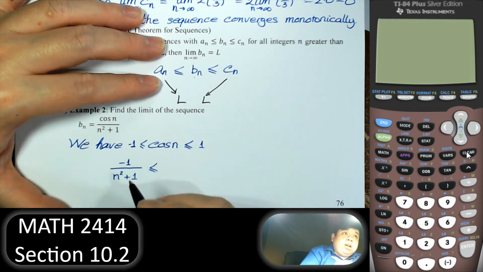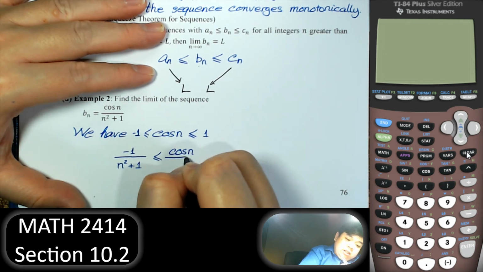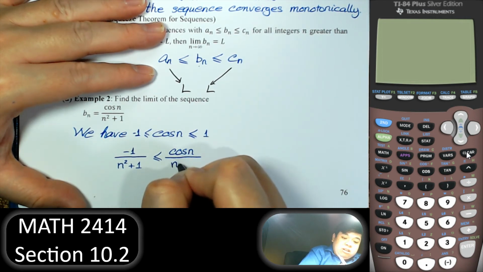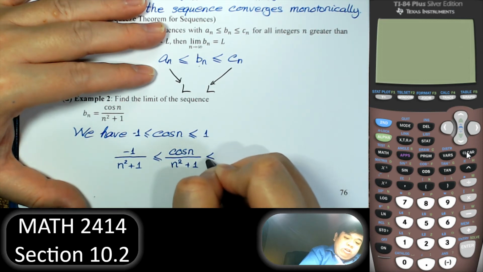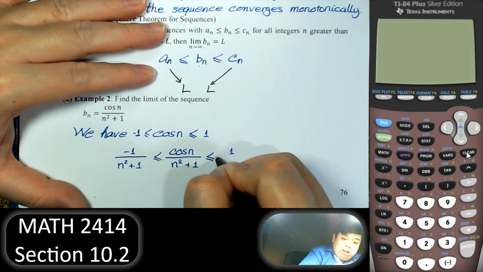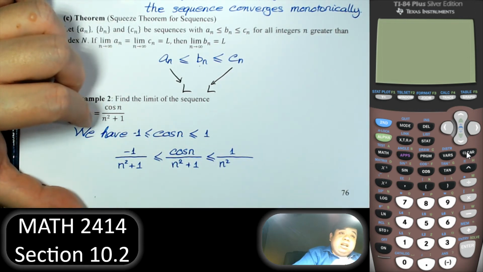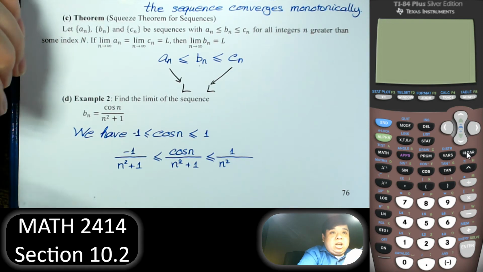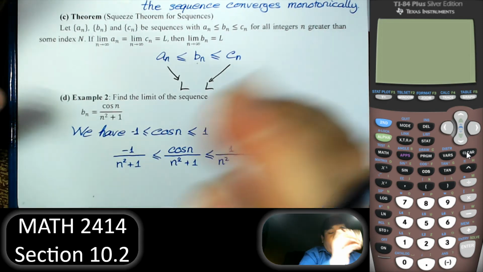Usually we don't want to do that because sometimes dividing by a negative number reverses the inequality, and when we divide by 0 it is undefined, but we don't have to worry about that here. By default the sequence n starts from 1, 2, 3 and so on.